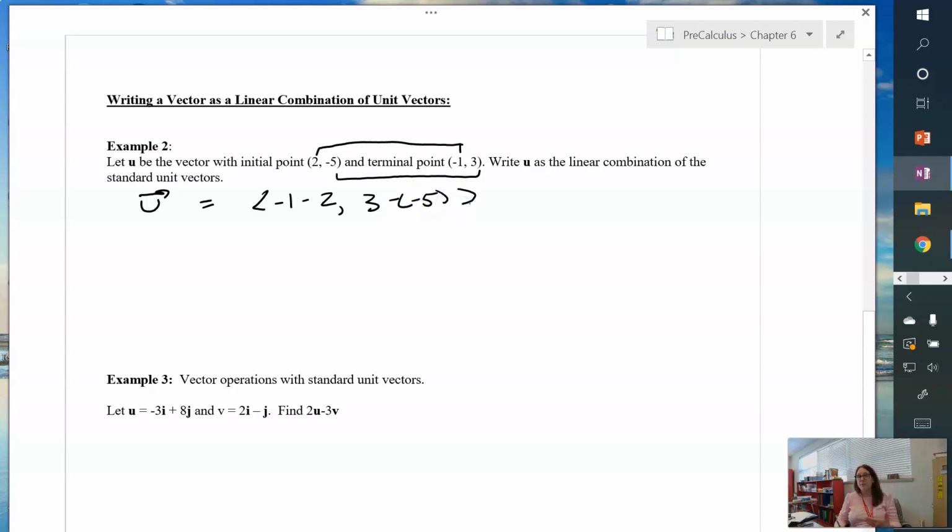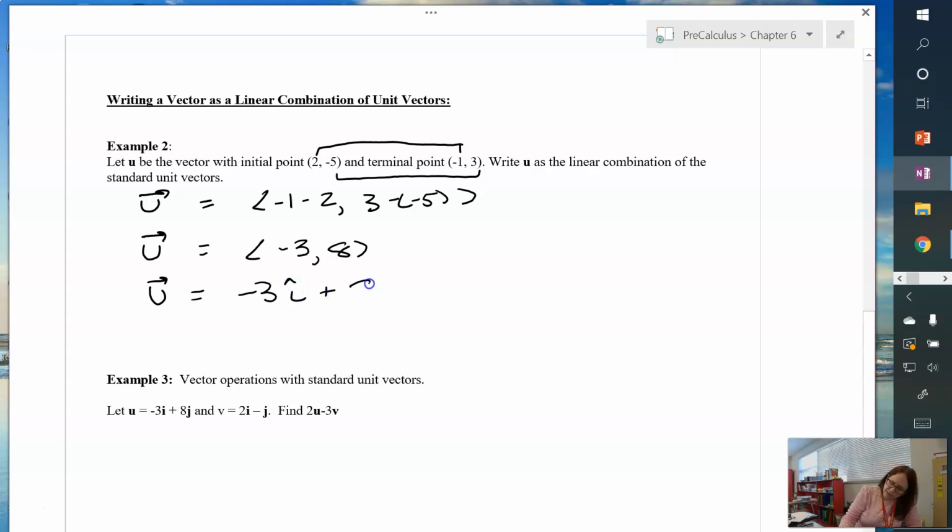We're going to do the same thing here, but now I'm just going to write it in a different notation. I'm going to use the i's and j's. So here's my vector. -1 minus 2 is -3. 3 minus -5 is 8. So then as the combination of my standard unit vectors, I would say vector u equals -3i plus 8j.